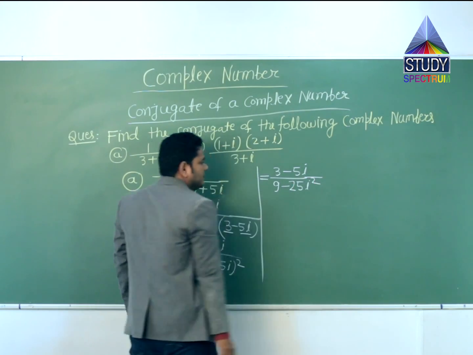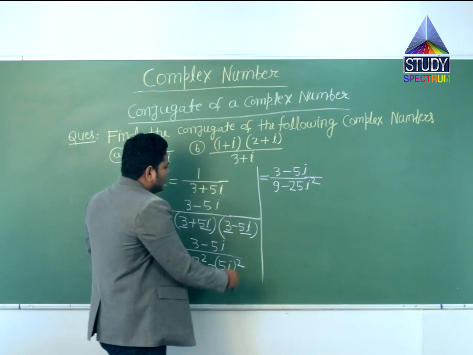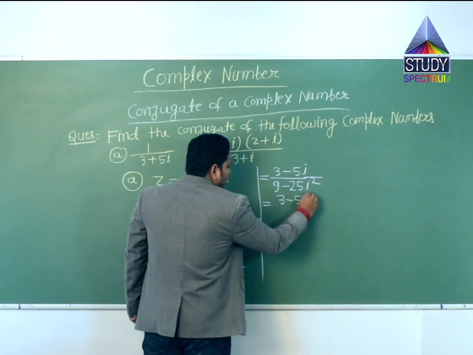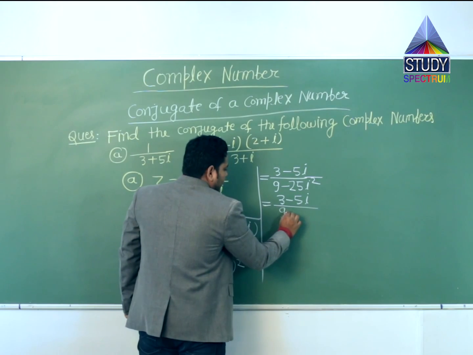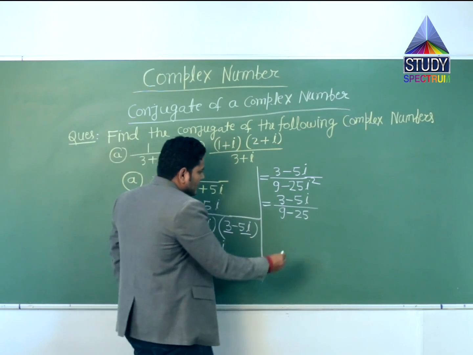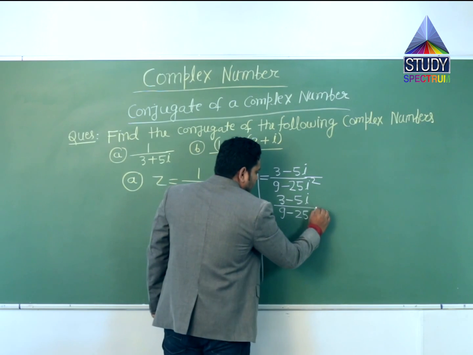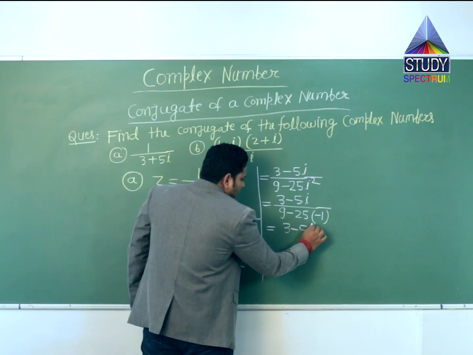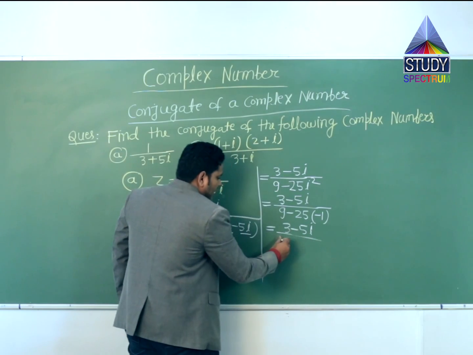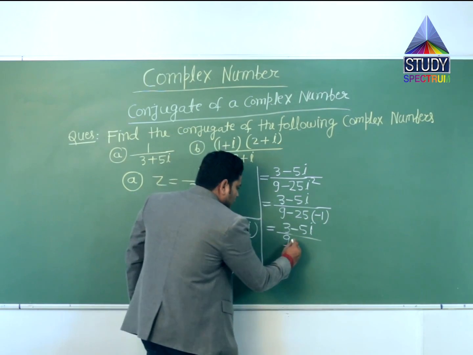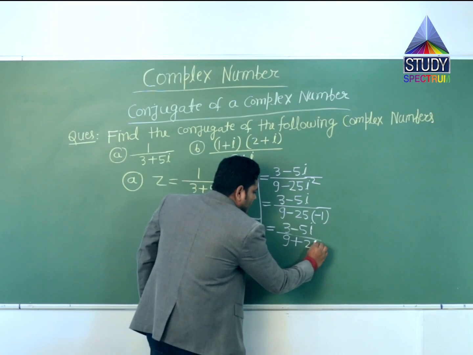Got it? So we can write this as 3 minus 5i upon 9 minus 25, and i square is minus 1. So it will be 3 minus 5i upon 9, minus into minus is plus, so we write plus 25.